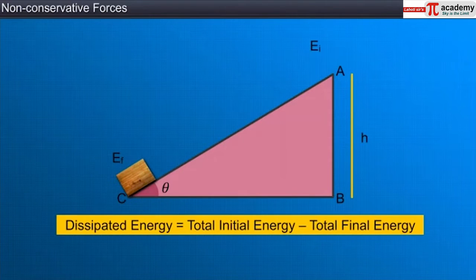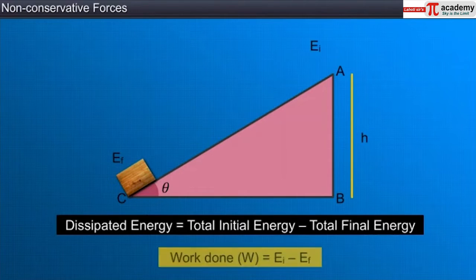This dissipated energy is equal to the work done against the non-conservative force. Let the work done against the non-conservative force be W. So, W is equal to EI minus EF.